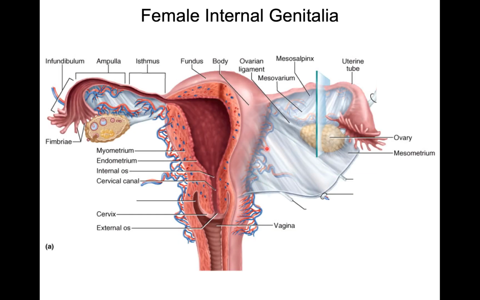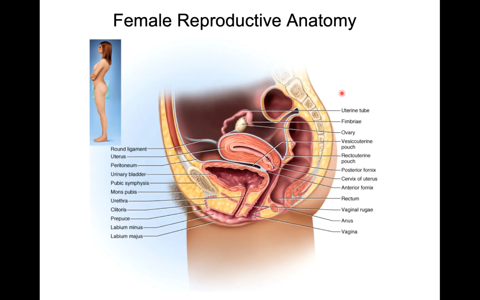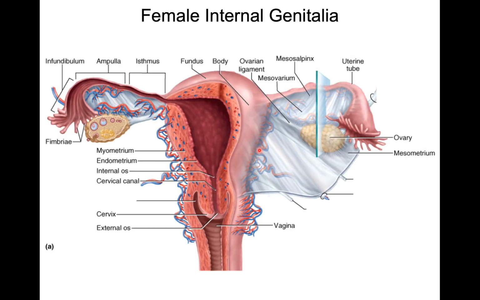If we just look at the uterus by itself, and also I forgot to mention, this is a great illustration for the lab practical, as is this one. So again, the vaginal canal to the uterus, and the uterus connects to the vaginal canal in this region we call the cervix.